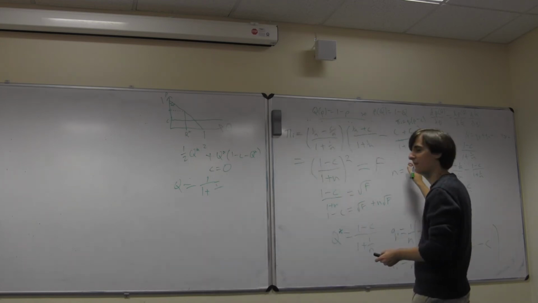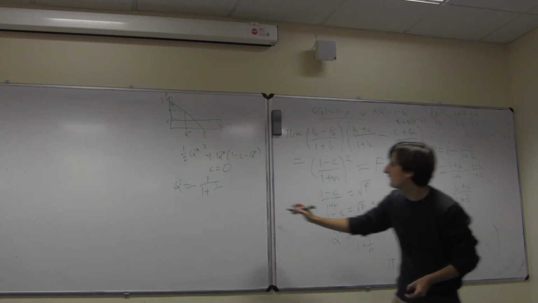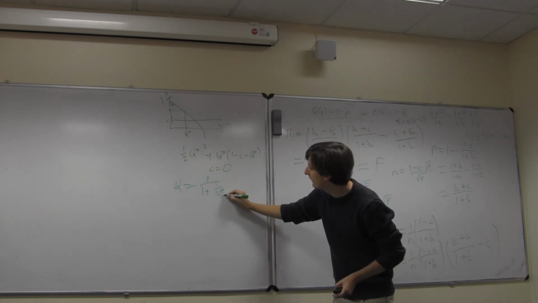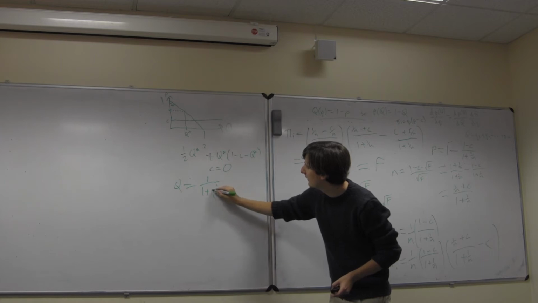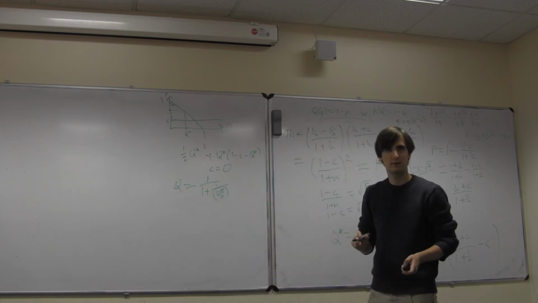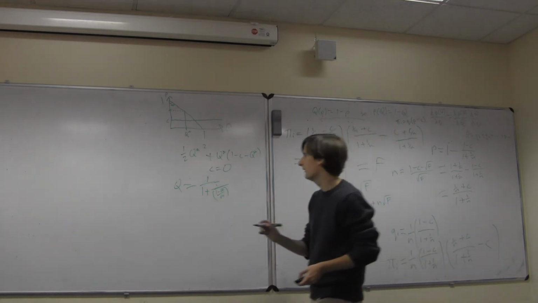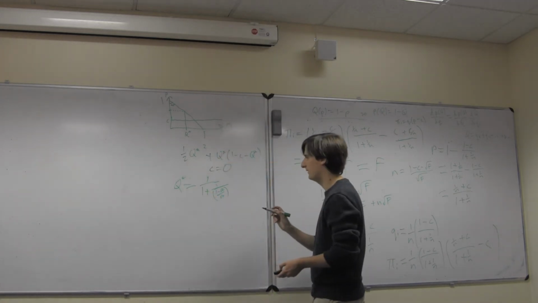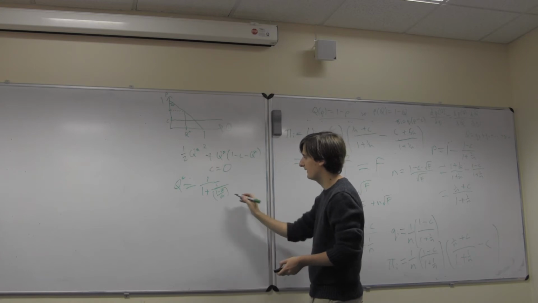But n is this thing, 1 minus root f over root f. So that's the quantity that was being produced at the optimal number of firms. We're just substituting in.